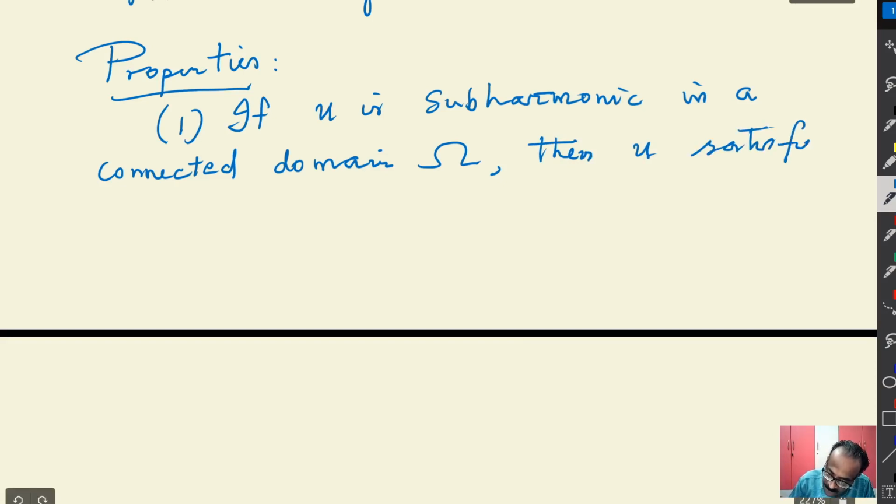I already gave you the definition; it is now a new definition. You already know that it is subharmonic. Even with this generalization, you have the strong maximum principle, the SMP.